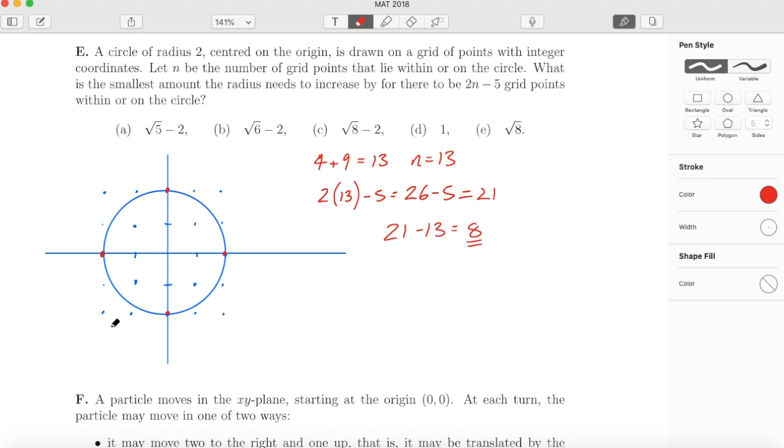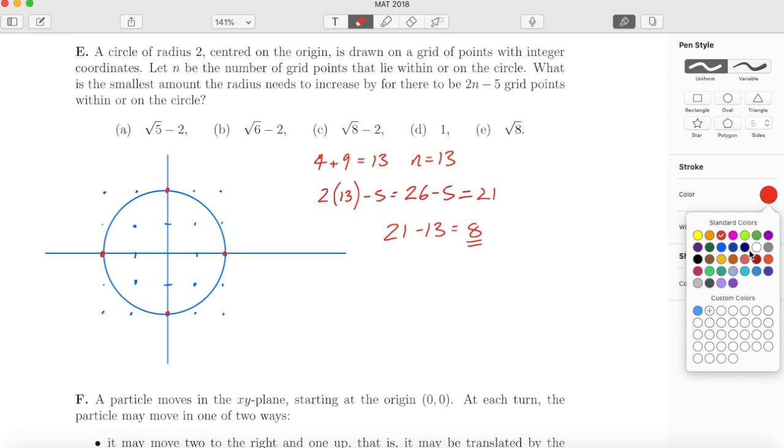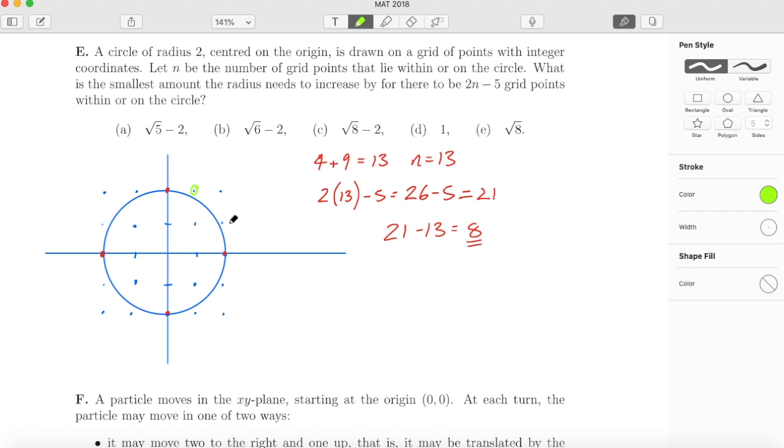So we're looking for the next 8 points that we can swallow up as this circle increases. And if you look carefully, I'll do this in green, you can see there's 1, 2, 3, 4, 5, 6, 7, 8 points that lie just outside the circle.